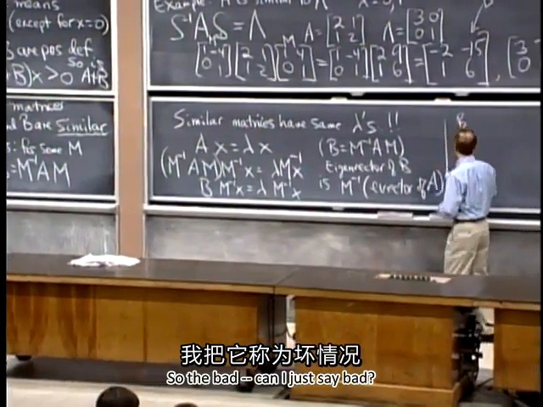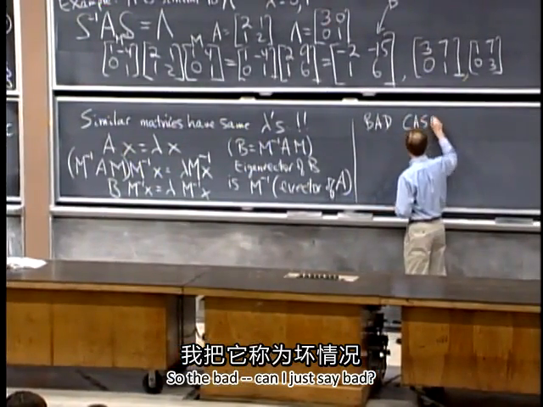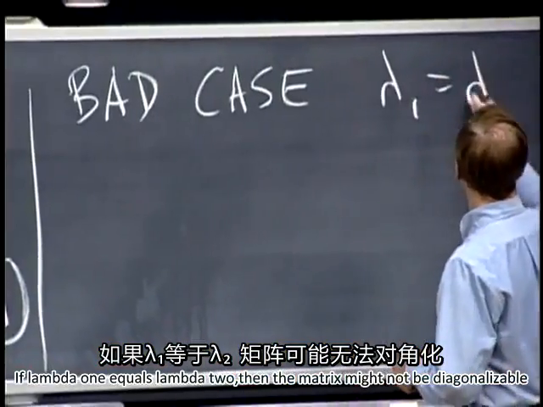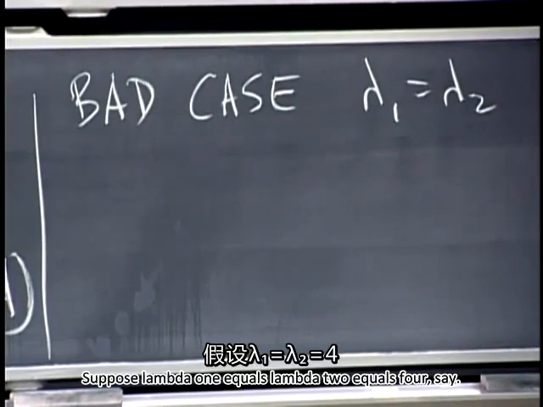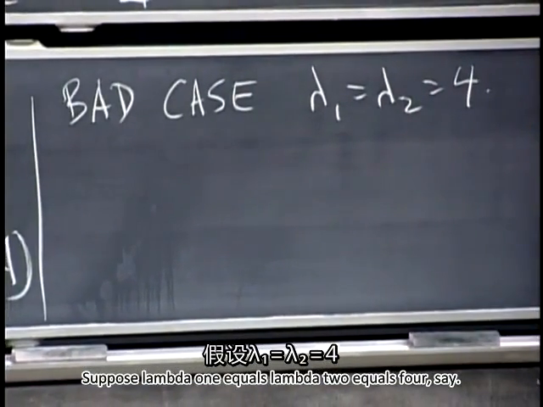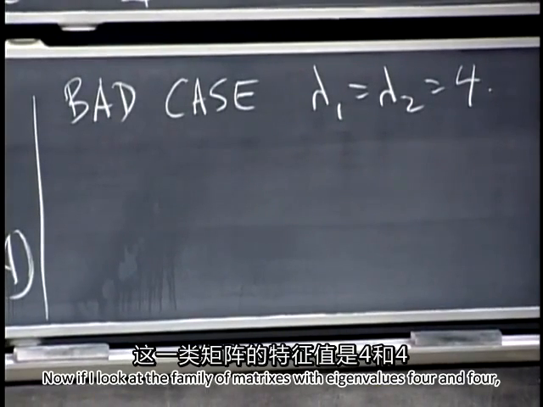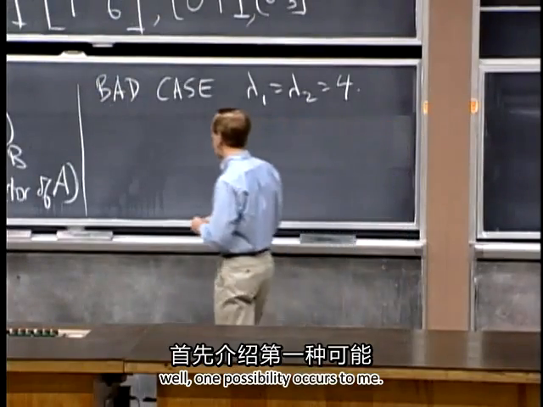So the bad, can I just say bad? If lambda 1 equals lambda 2, then the matrix might not be diagonalizable. Suppose lambda 1 equals lambda 2 equals 4, say. Now, if I look at the family of matrices with eigenvalues 4 and 4, well, one possibility occurs to me.